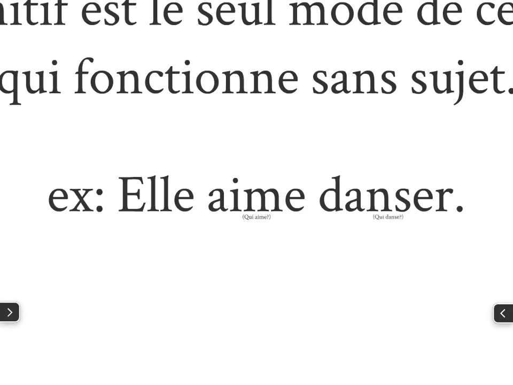What I'm hesitating on here, elle aime danser, you're right. The infinitive works without a subject because it kind of absorbs the subject from the other. I want to avoid the situation where you say elle aime qu'elle danse. She likes that she dances, because that's not a wrong sentence. It's just way more complicated than it needs to be.